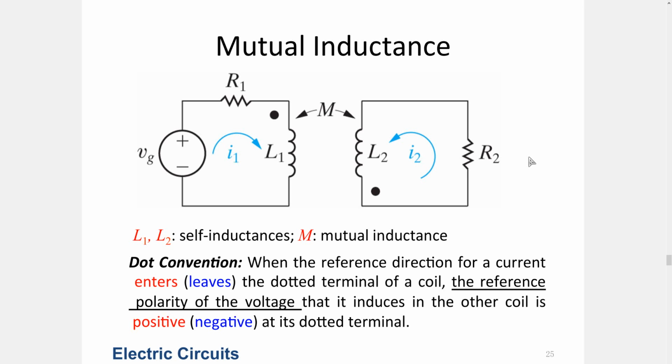For instance, in your wall adapters, let's say you have some device operating at 9 volts. When you plug it into 220 volts, the voltage is reduced to 9 volts through this method of mutual inductance. So in practice, there are lots of different applications. So we need to learn and know about the concept.